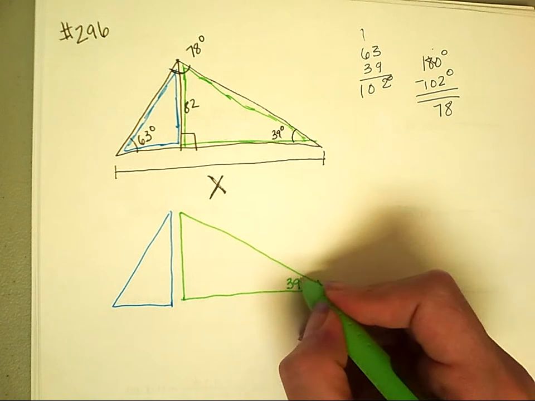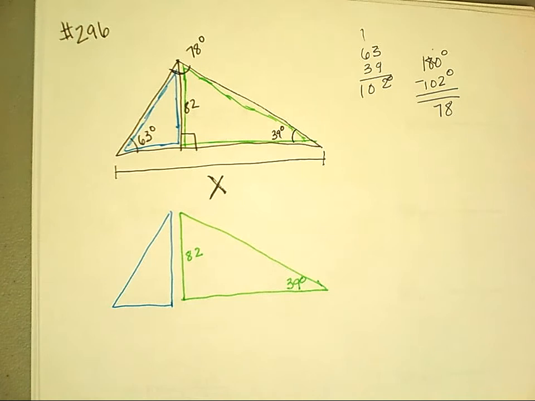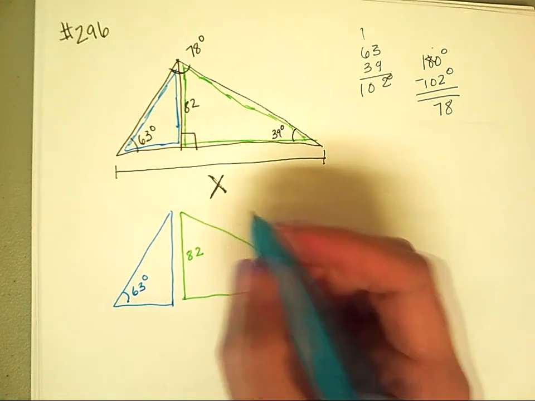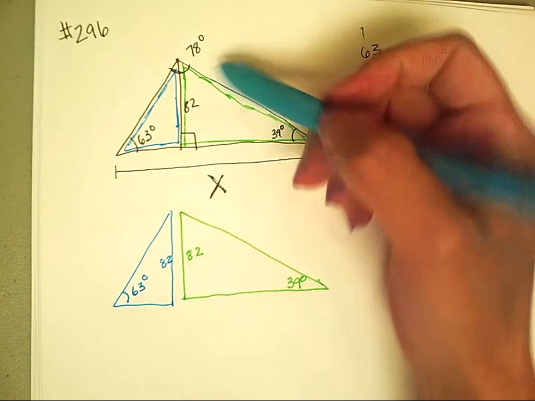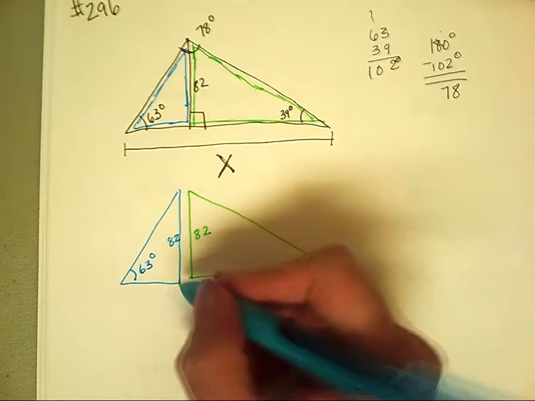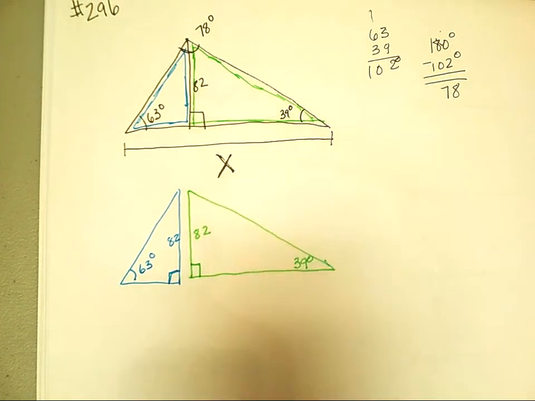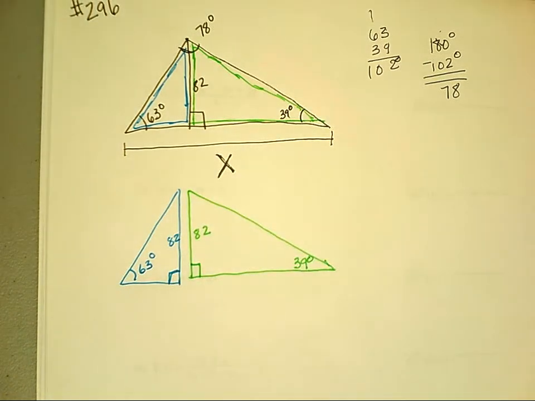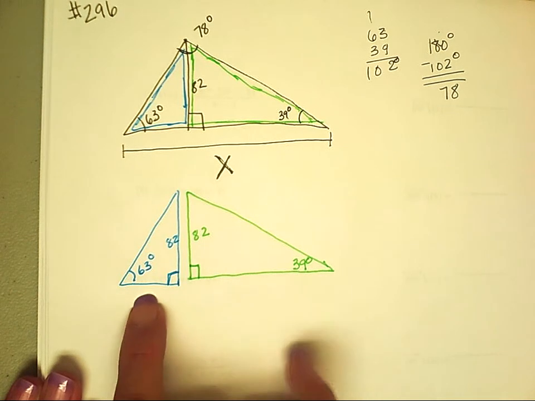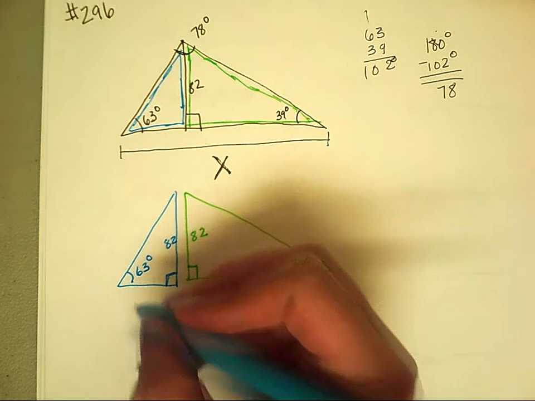So I know this angle's 39 degrees. I know this height's 82. I know this angle's 63 degrees. And this height is also 82, because they're the same altitude. Now these are right triangles. So what I'm looking for is the length of x, which is this side plus this side.